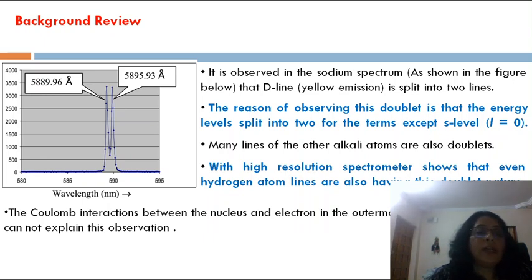In the earlier discussion we studied in detail the alkali atom spectra, hydrogen atom spectra and helium atom spectra. The main cause of emission of spectra is the transition of the atomic system between various energy levels, and the energies of these levels are decided by the electron-nucleus interaction, because while solving the Hamiltonian we consider that potential, which leads to the formation of different orbitals with different energy levels.